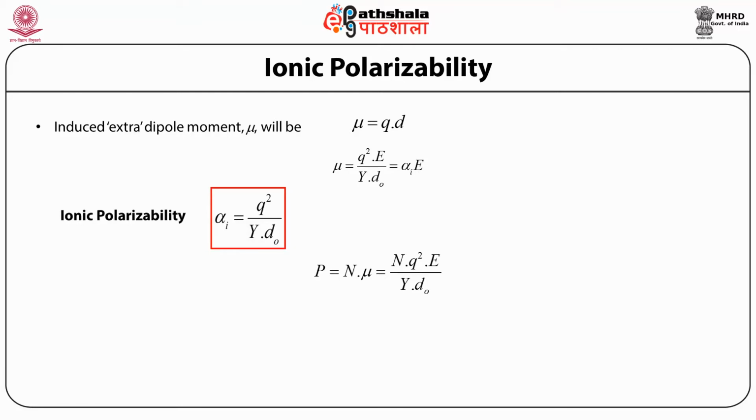Students, please note that here we considered the electric field E parallel to the main crystallographic axis. If this is not the case, one needs to take the component of the dipole moment in the direction of the field before adding them together. This is a very rough guide to calculate the ionic polarizability and can be more complex in the case of many ionic solids, especially when ions do not have similar charges.